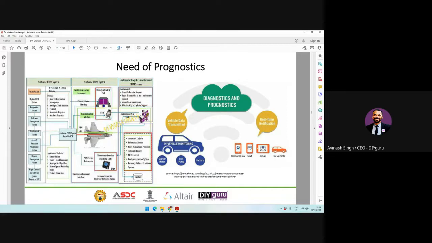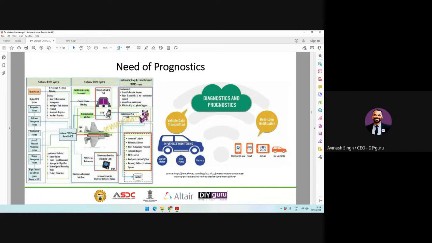They can either guide you to change any component, or they can guide you to go to their nearby service stations. So this will come into prognostics, right? They are doing the prognostics once you get the data about the diagnostics of your vehicle.